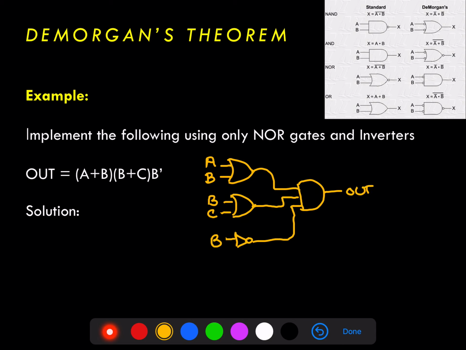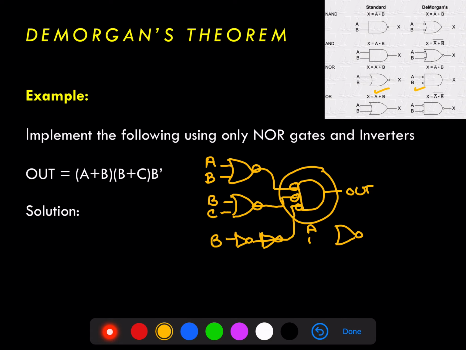Now to convert this to a NOR gate implementation, we can do something very similar to what we did with the NAND gate implementation, double inverting these intermediate signal lines, and then putting in a double inversion here along the B line. And now we have an AND gate with inverted inputs, which is equivalent to a NOR gate, and that'll get us to a fully NOR gate implementation.